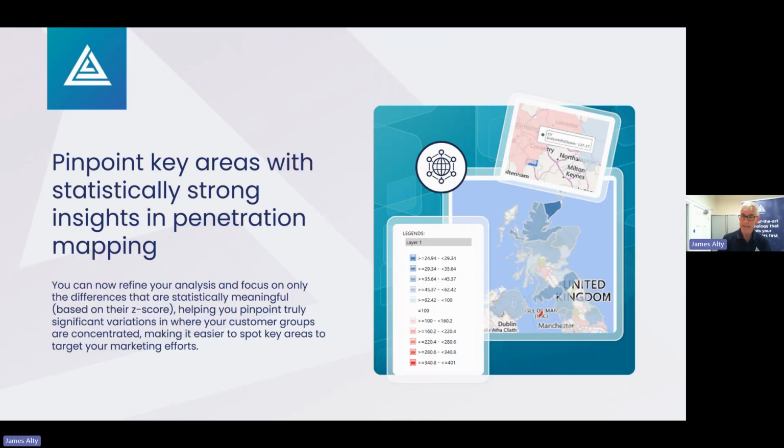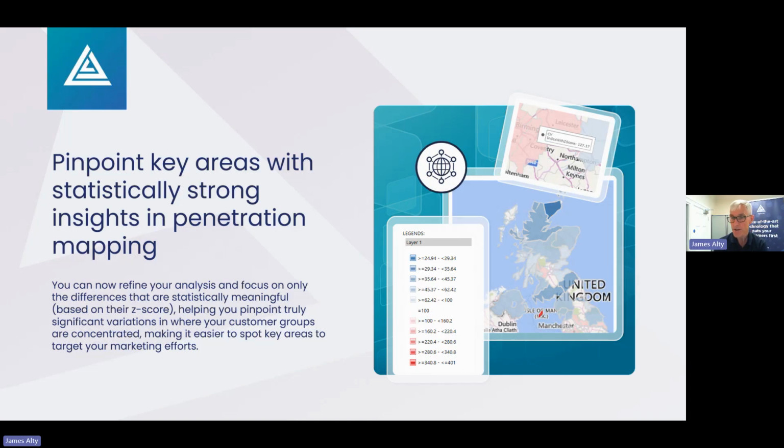We've also extended once again the geographic mapping in FastStats so that we can now show only statistically significant results. In the screenshot on the right, you can see some areas that have no color. We can see Milton Keynes and Northampton have no color, and that is because there were no statistically significant results in that area.